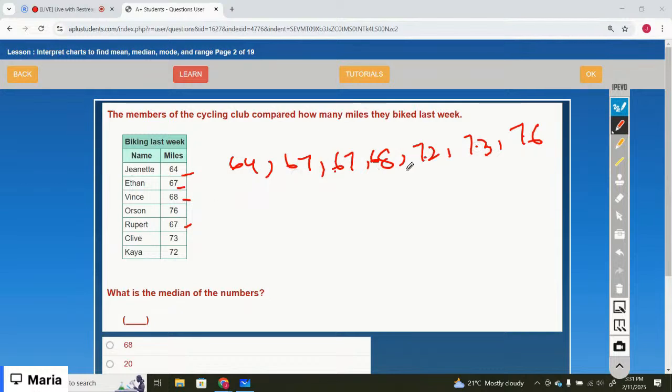You have to see the middle number, right? The median is the one that is exactly the middle number, that divides the data into two equal groups.